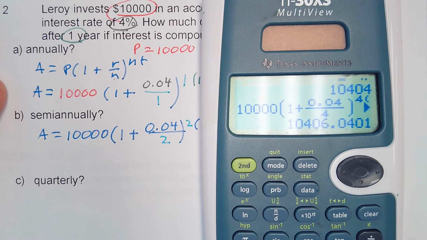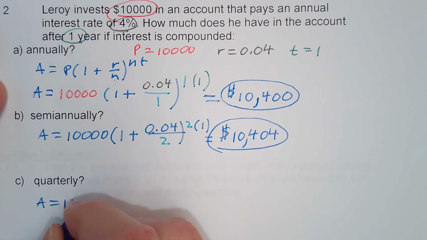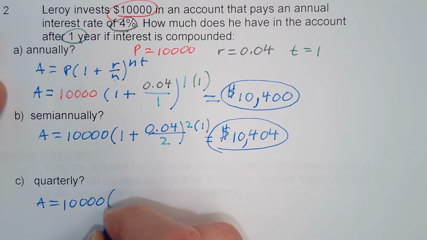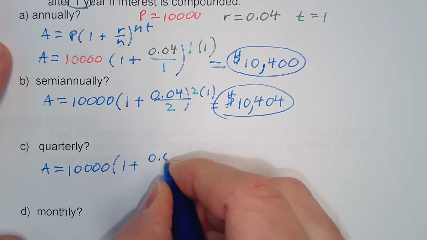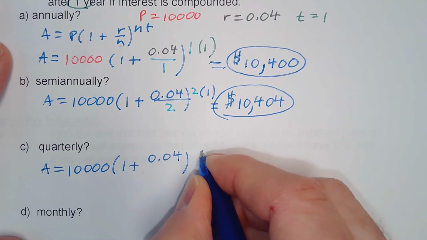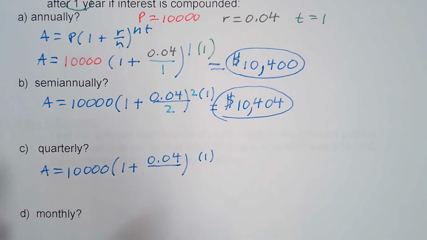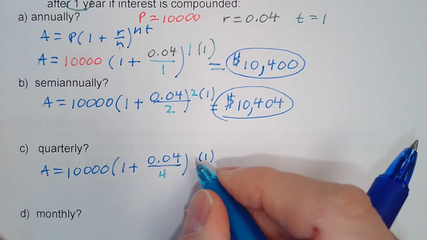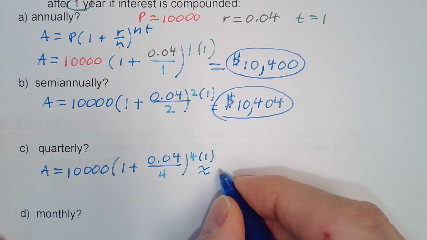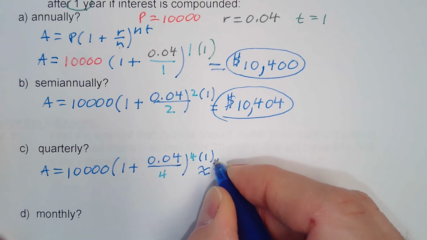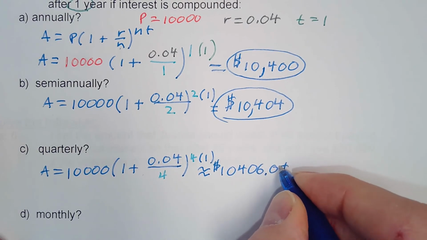Now we're going to have to round that off to the nearest cent, but that's okay. So that gives us $10,406.04 if we round that.